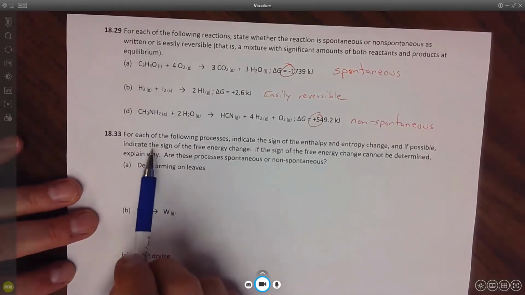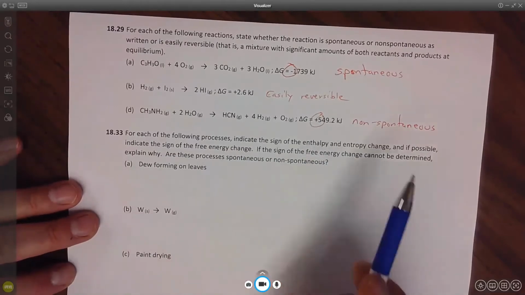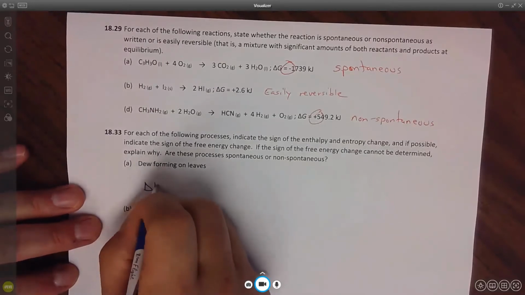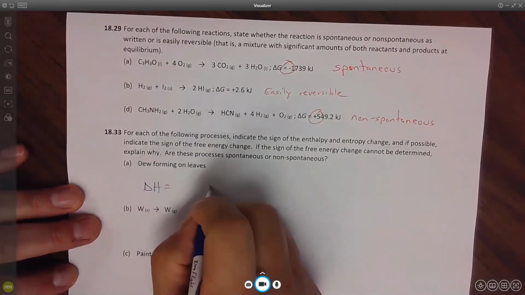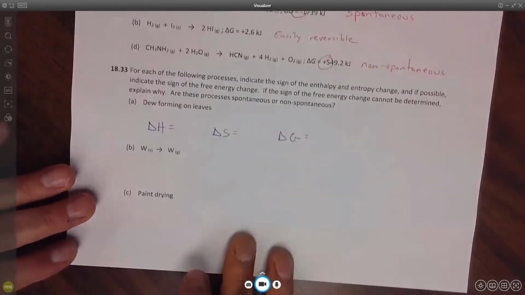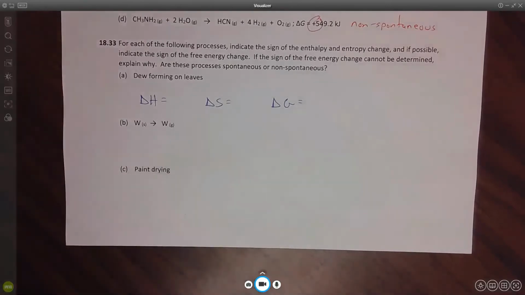Okay, so this time for each of the following processes, indicate the sign of the enthalpy, entropy, and if possible, indicate the sign of the free energy change. So we're looking for del H, del S, and del G. Again, the easiest way to solve these is to write a chemical equation for it.